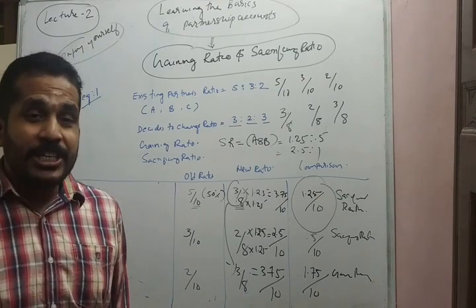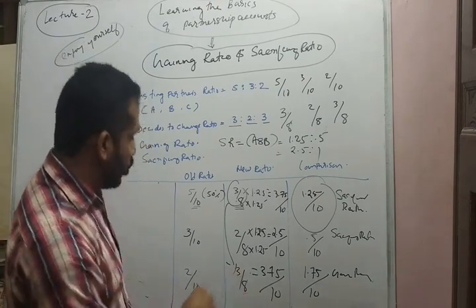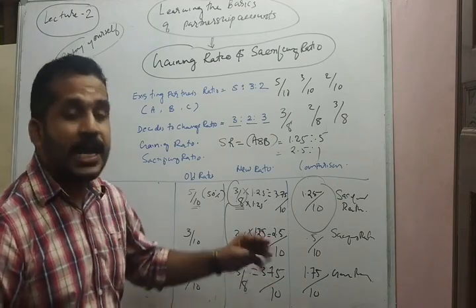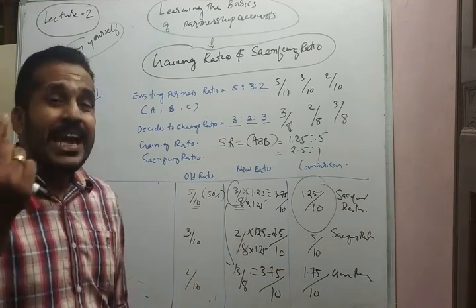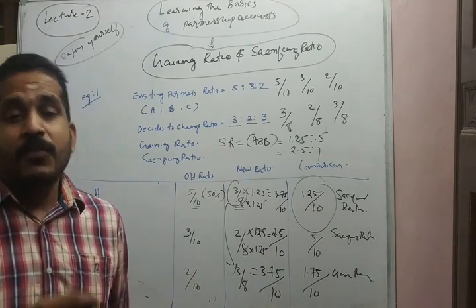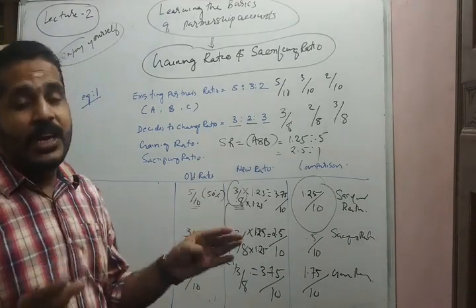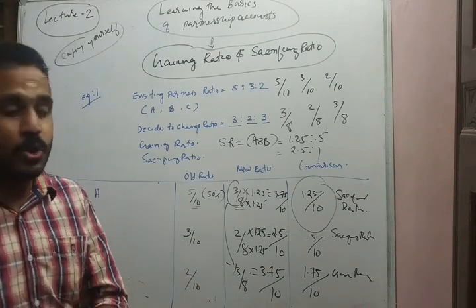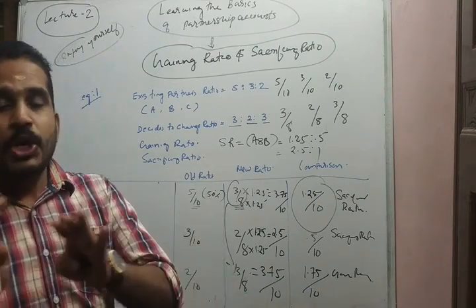If the old ratio is less than the new ratio, then that partner has gained in the share of the future profits. So how will we compute sacrificing ratio and gaining ratio? Compare the old ratio with the new ratio.